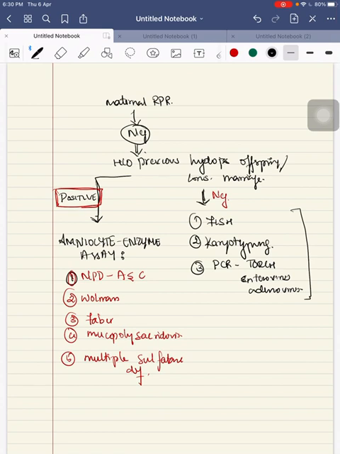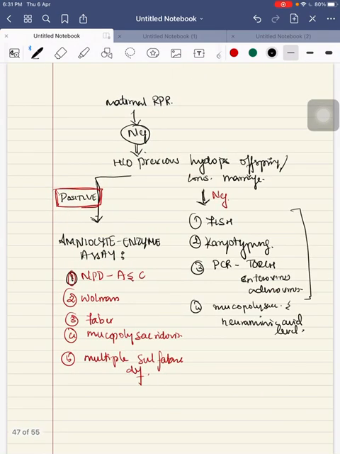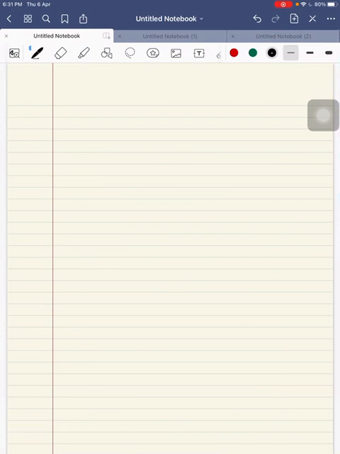All of this you are doing in amniotic fluid, that is by using amniocentesis. Okay, then you can estimate the level of mucopolysaccharide and neuraminic acid level. So this is about how you are going to evaluate and manage non-immune hydrops fetalis.